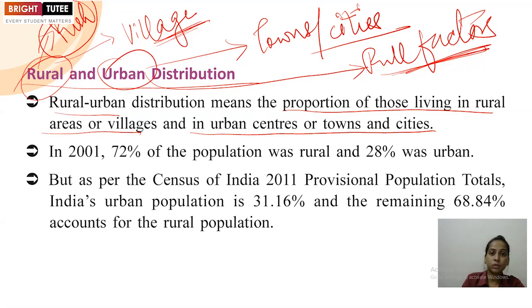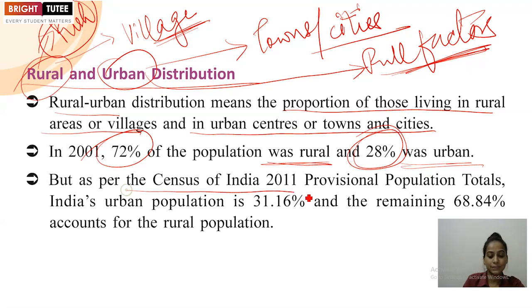Clear? In 2001, around 72% of the population was rural, means they were living in villages, whereas only 28% population was living in urban areas. But later on, as per the census of India 2011, provisional population totals, India's urban population is 31.16%.